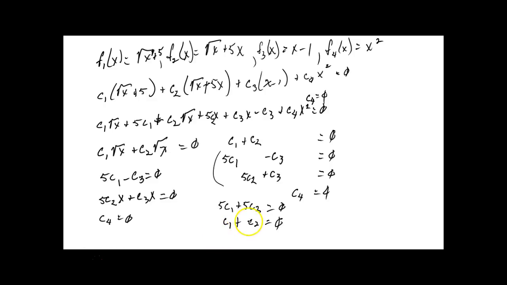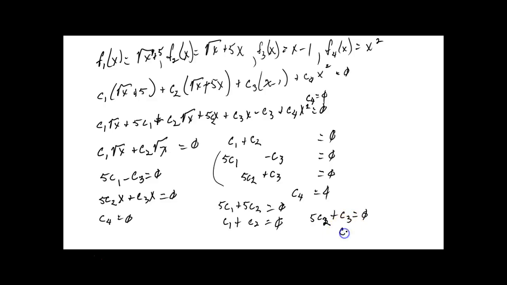But here we can say from this one here, we could say that 5C3 plus C3 is equal to 0. So what I would say is pick a parameter and say, this is 5C2. I don't know where that came from.